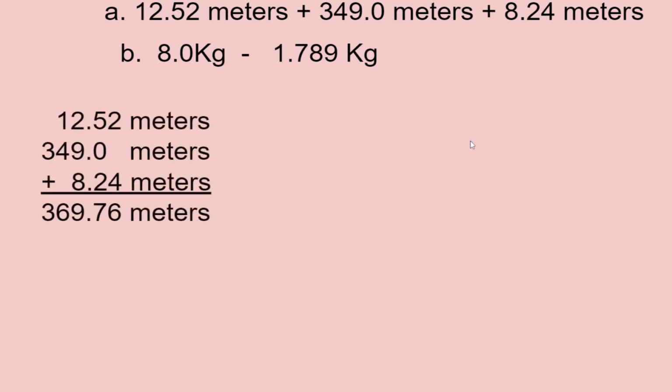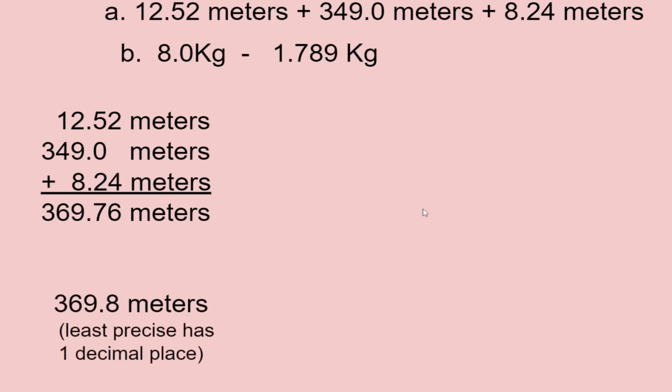All right. So in order to find out our number of sig figs, we line them up, or you can just look at them and count the decimals. Our least number of decimals is 1. So even though we have 2 decimals in our answer because of our other measurements, we have to round to 1 decimal place, which gives us 369.8 meters.